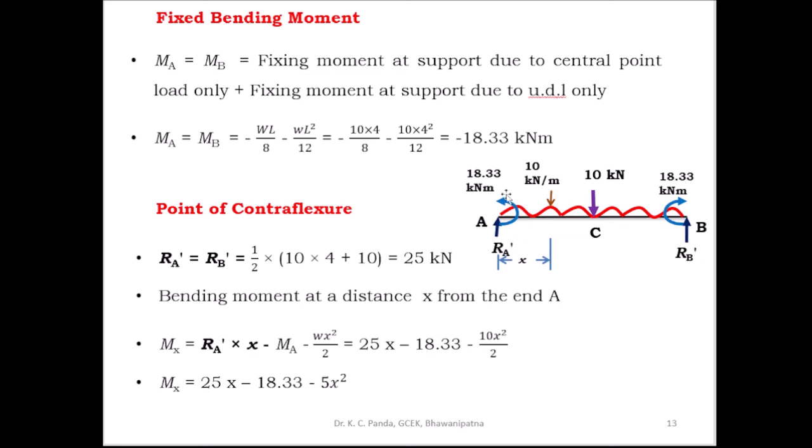Here this is symmetrical, the end moments are also symmetrical, 18.33 kilonewton meter. So here this is the symmetrical loading. So RA dash is equal to RB dash, that is equal to 25 kilonewton.